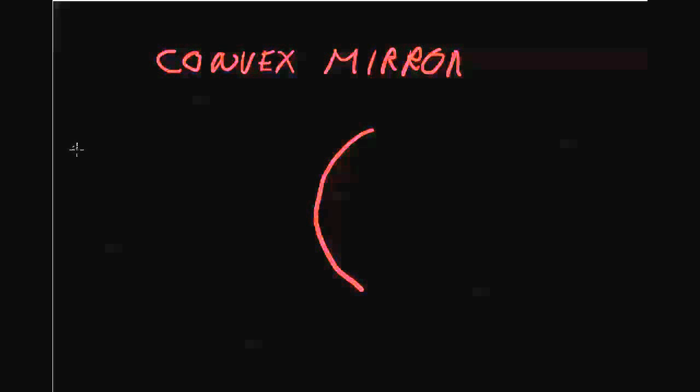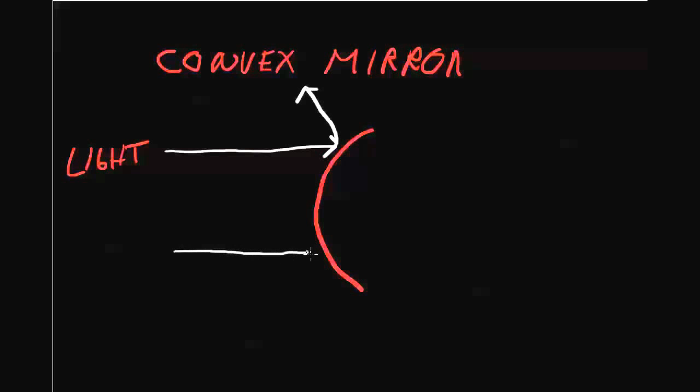Again, we have our light out here, and our rays. When this strikes, seeing it's bowed outward, what ends up happening is the light does not come to a point but spreads out.